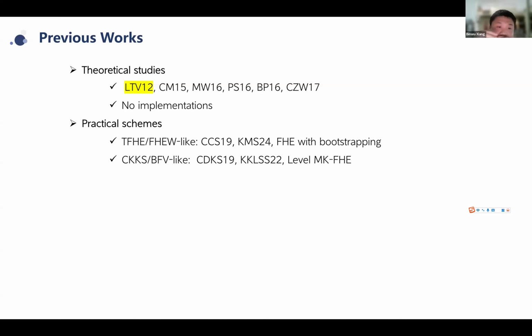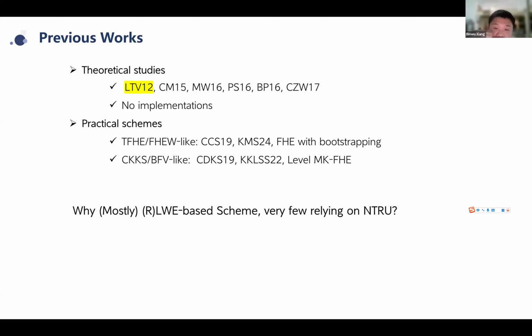And the bitwise schemes, multi-key TFHE schemes like CCS and KMS, both with gate bootstrapping. But the first multi-key FHE scheme, LTV, is indeed based on NTRU. So why have there been so few schemes based on NTRU since then?